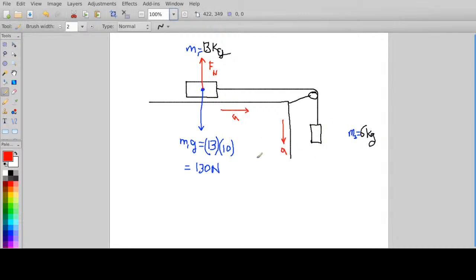This box here accelerates down. And of course, if the box is accelerating to the right, the velocity will eventually be to the right, assuming it starts from rest, and that means that there's going to be a force of friction to the left. Okay, because the force of friction is in the opposite direction to the velocity.